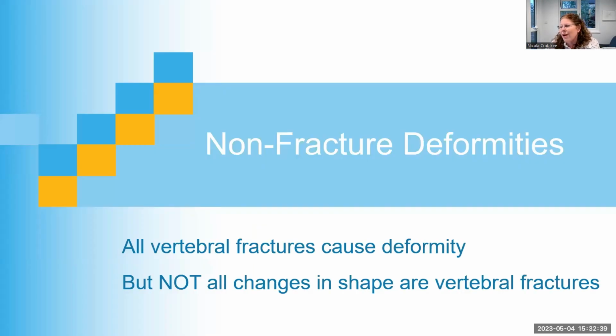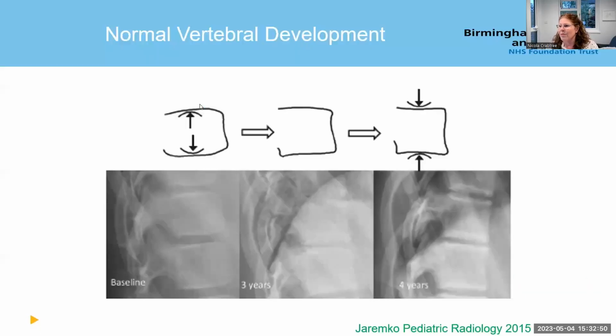So what about non-fracture deformities? Well, we know that all fractures cause a deformity, but not all changes in the shape of the vertebrae are caused by vertebral fractures. If we look at the normal development of a healthy spine, we can see here it changes from the slightly ovoid shape. Over time, it becomes more cuboid, and this is just natural development.